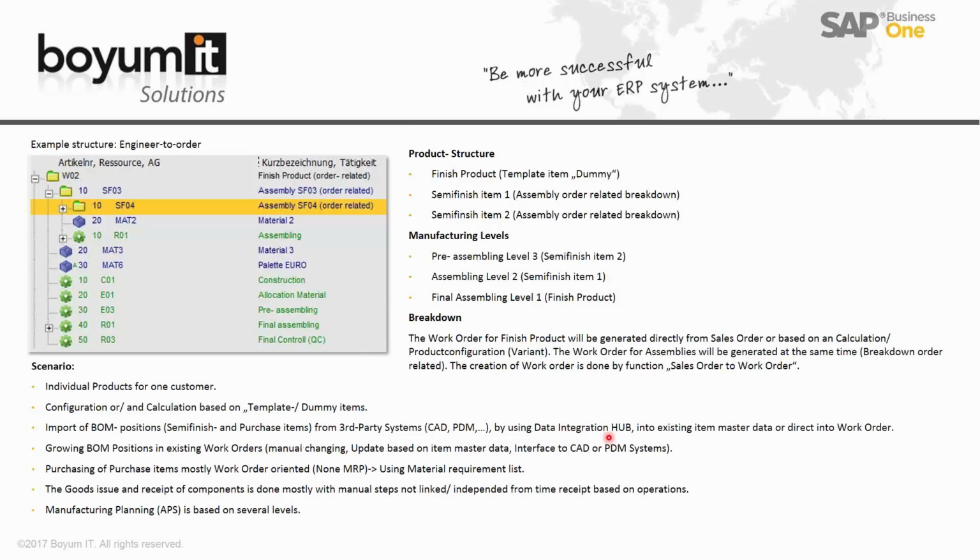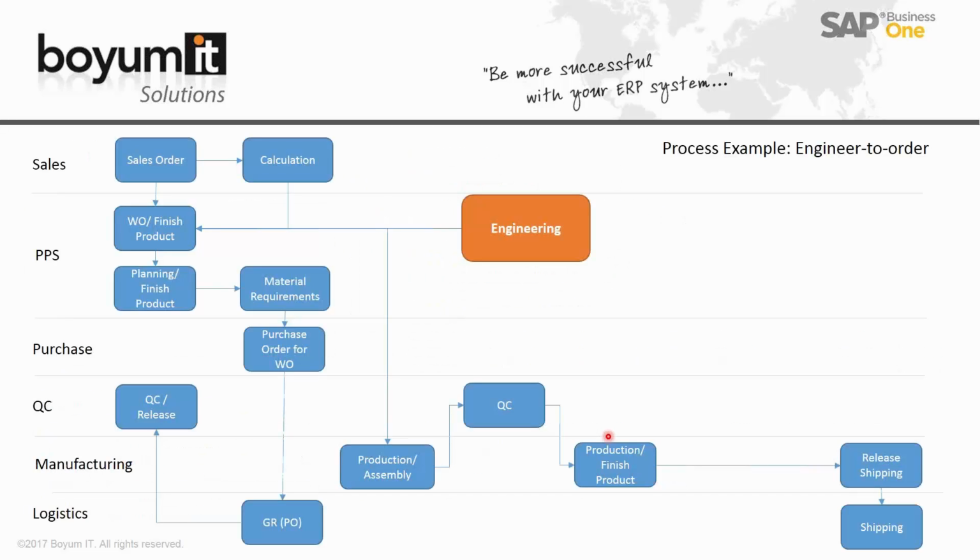If we take a look here at the process, it can be that you have a kind of engineering. It can be that you create your work order coming from calculation or sales order. You plan your work order, you generate your production work order, but it can be that you have a kind of engineering.